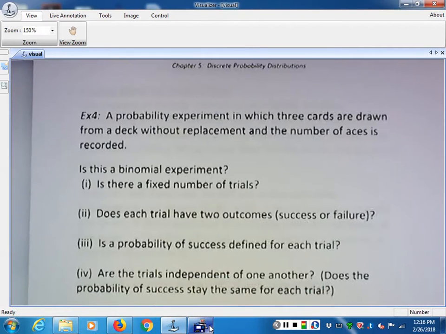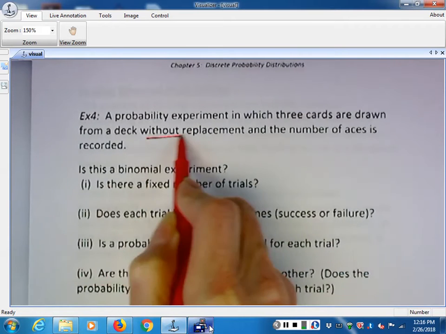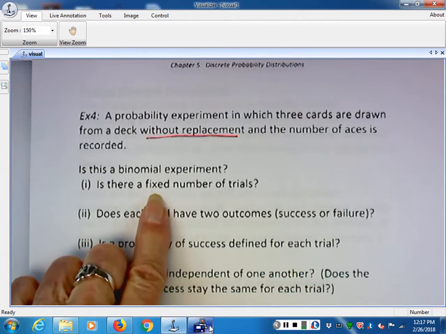Okay, example 4 says we have a probability experiment in which 3 cards are drawn from a deck without replacement. That's important. Without replacement. And the number of aces is recorded. Is this a binomial experiment? Okay, question number 1. Is there a fixed number of trials? Yes.